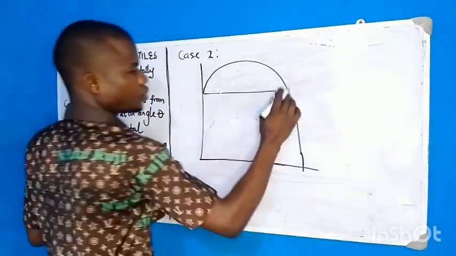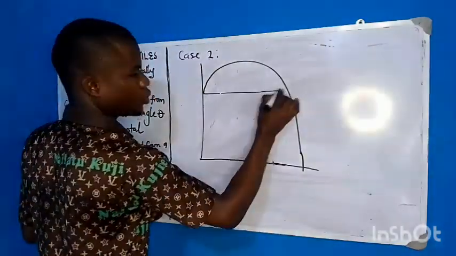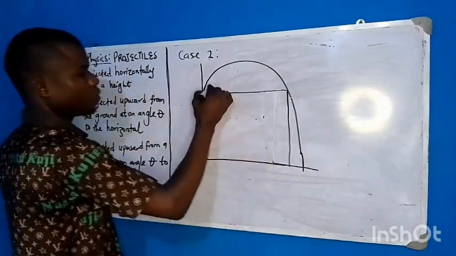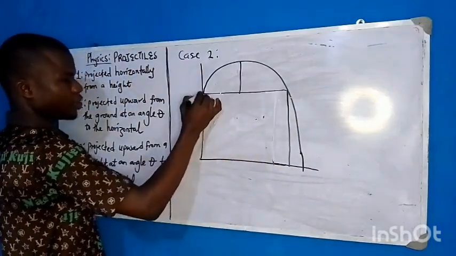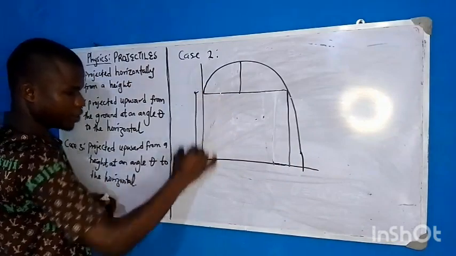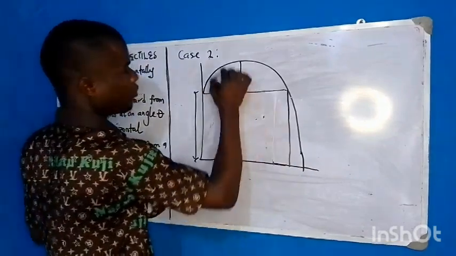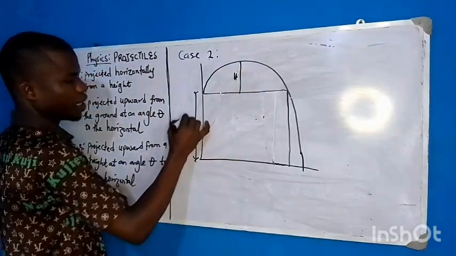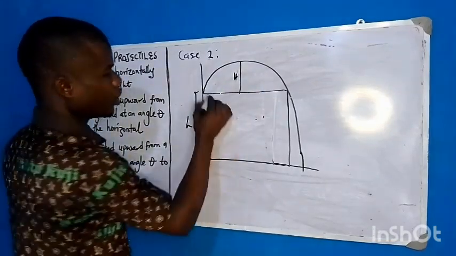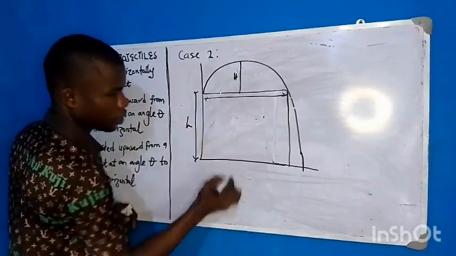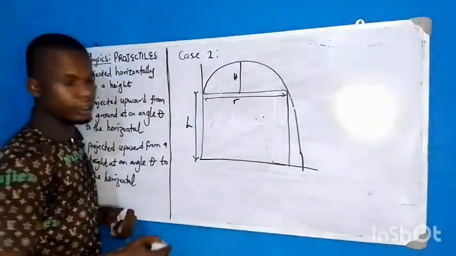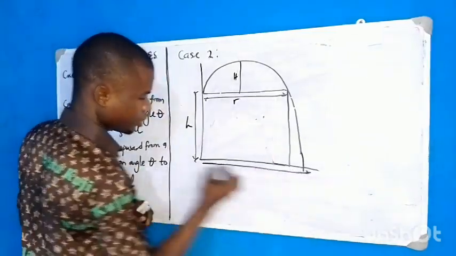First of all, we are going to have two things here. We have the maximum height, h. We have the height of the cliff, h. We have the range for the upward part, and then we have the final range, r.